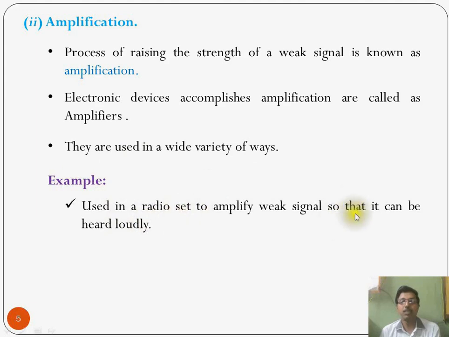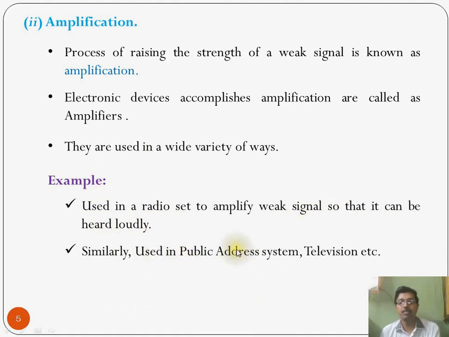A radio set amplifies the weak signal to a stronger one so as to hear loudly. Then PA systems. Have you heard this word, PA system? Public addressing system. That is used in festivals or in any other functions.